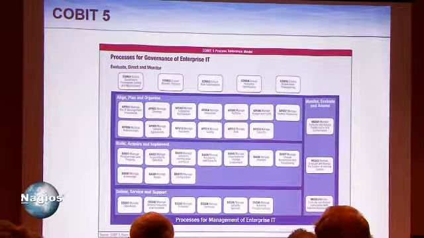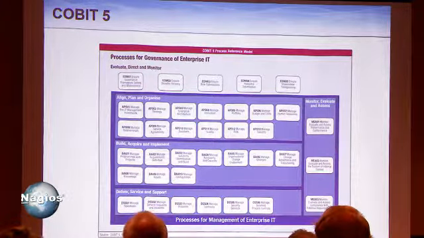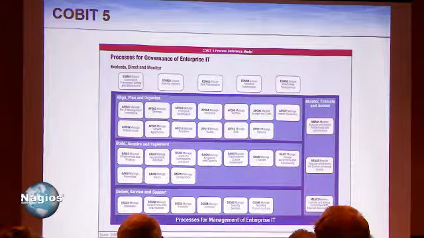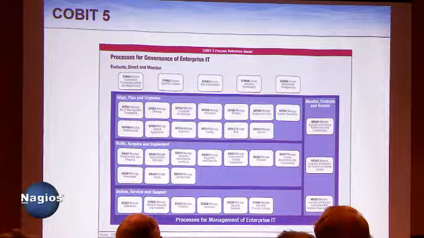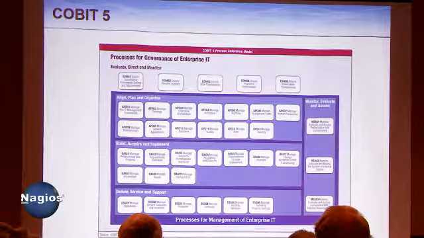In this process, governance of enterprise IT with Nagios complies with deliver and support, build, acquire and implement, and plan and organize, because we can frame IT for the organization: the strategy, manage the quality, risk management, service agreements, and build, acquire, and implement.